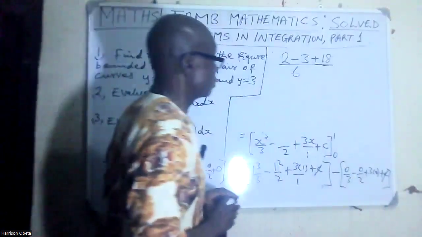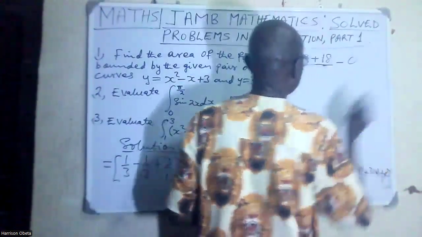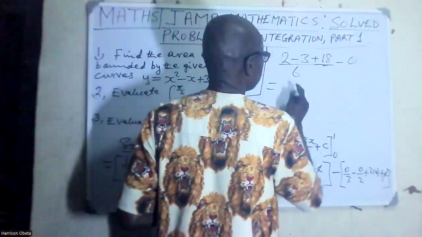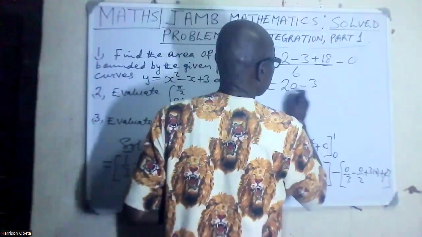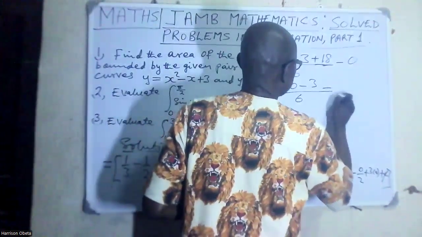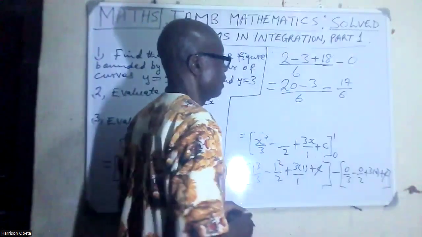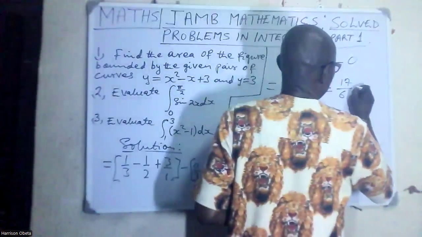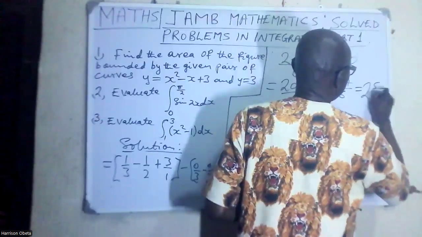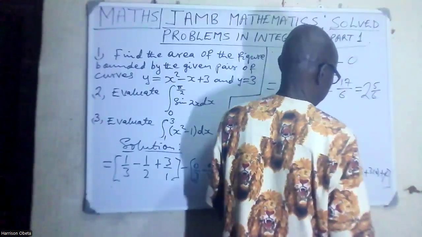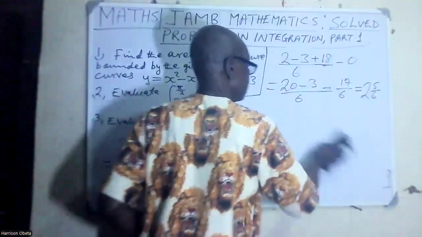Okay? So, as I said earlier, the other one is 0, so there's no need. So this will give us, collecting like terms, 20 minus 3 all over 6. And that will be 17 over 6. You can go further by simplifying, and that will give us 2 whole number, 5 over 6. So that's the end of question number 1.